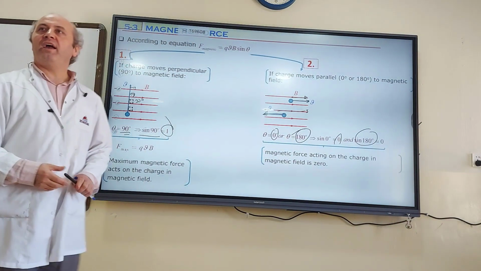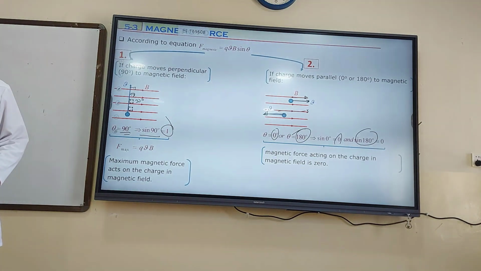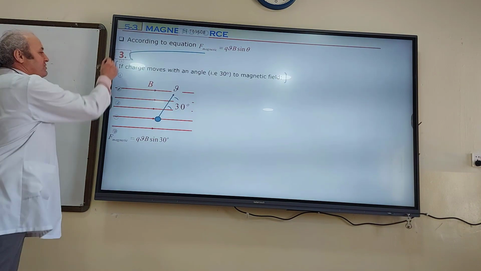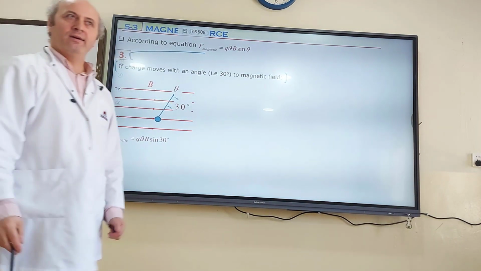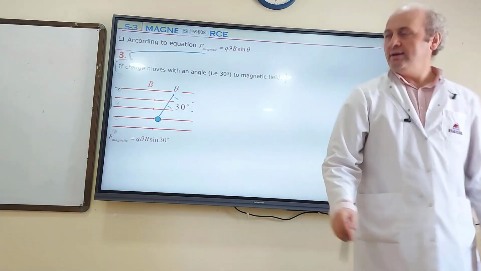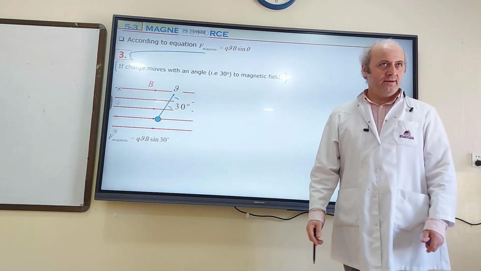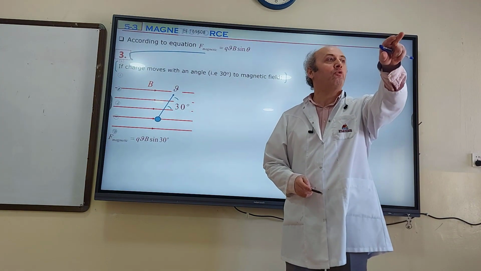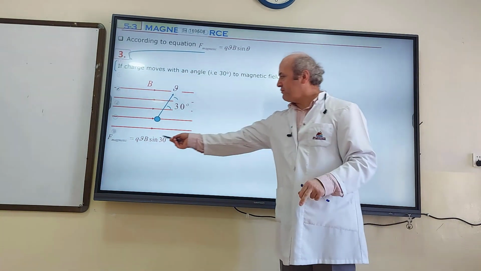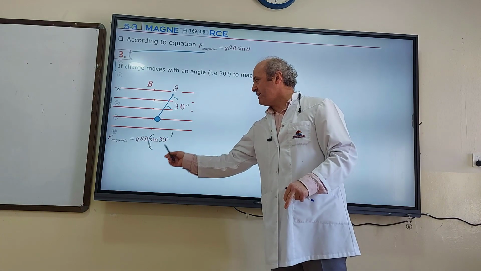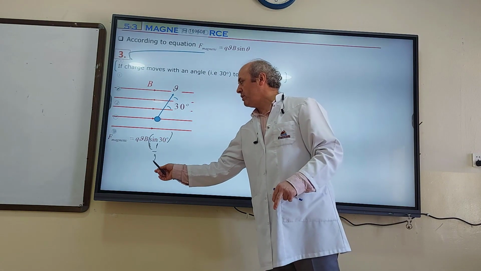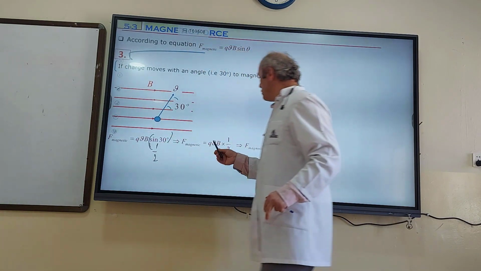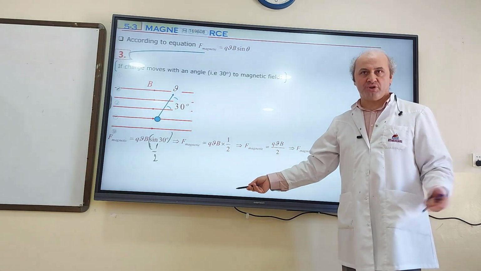What if the angle is not 90, 0 or 180? What if the angle is 30? We should calculate. What is sine 30? 0.5, which is 1 over 2. So it's going to be Q V B multiplied by 1 over 2, correct?